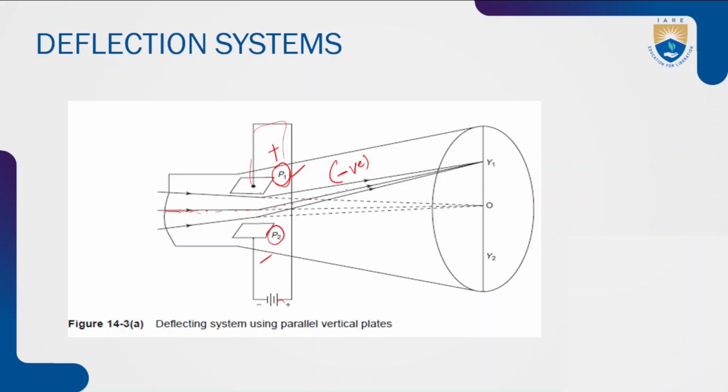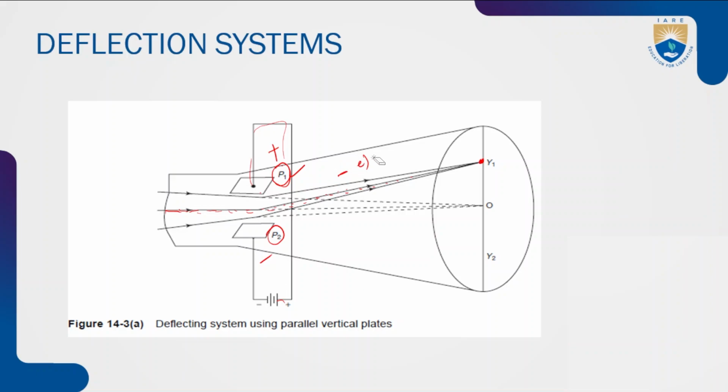So all the electron beams coming from the electron gun meet at the point Y1, because Y1 indicates the point where P1 has more positive potential compared with P2.